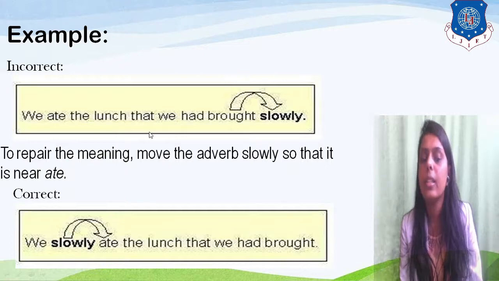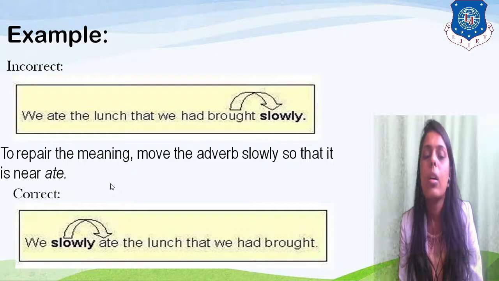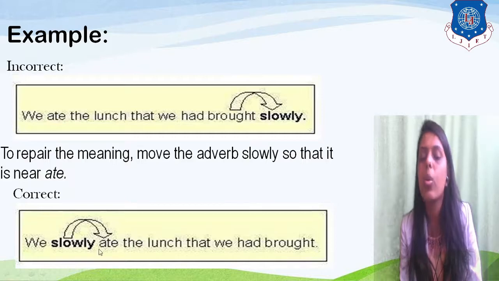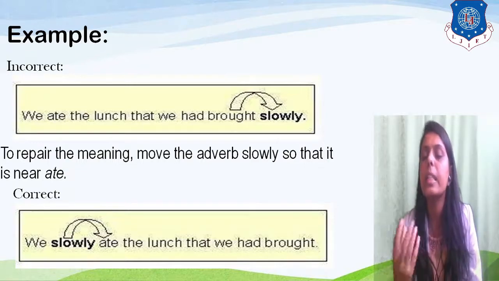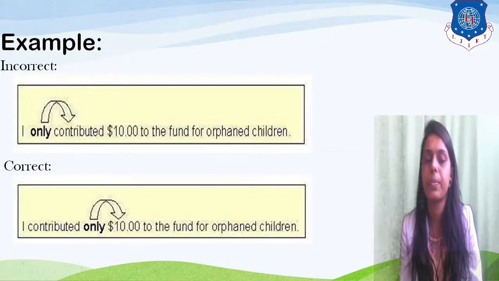But what we actually want to convey is: we slowly ate the lunch that we had bought. So the lunch is eaten slowly, it is not brought slowly, it is eaten slowly, right? So that's how it is different.